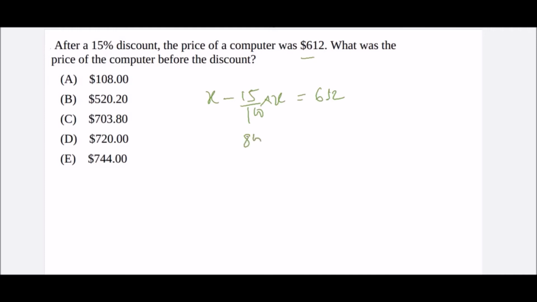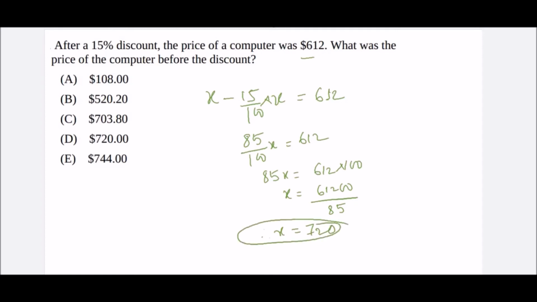It will become 85 by 100 X is equal to 612. So 85x is equal to 612 into 100, and x is equal to 61200 divided by 85. So our price will be $720, and the option will be D.